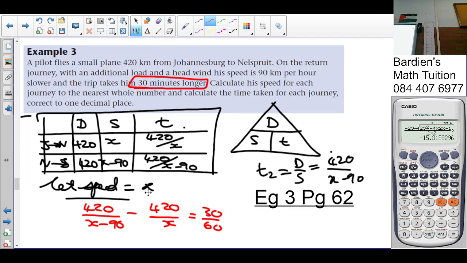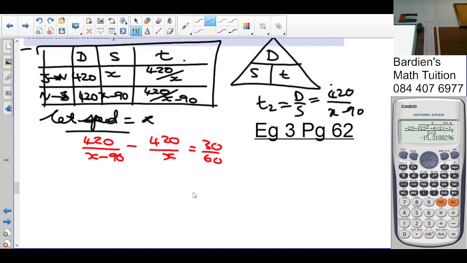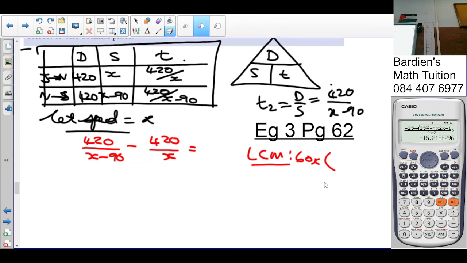Okay. If this is going to come wrong, this is. But let's just check. Then we can relook at it. Okay. So what's my LCM here? Let's just make this half, so it will be a bit smaller. So your LCM is going to be 2x into x minus 90.